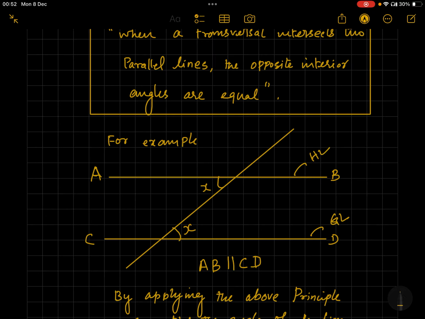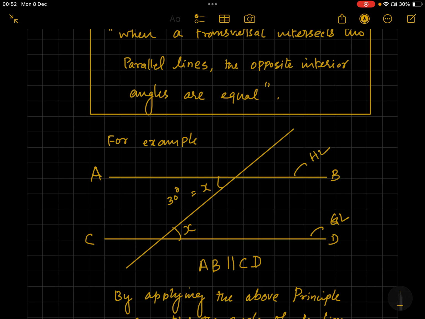We have made the angle of depression 30 degrees, and when the transversal intersects, the alternate interior angles are equal. So this is 30 as well. This means our angle of elevation is also equal to 30 degrees at this point, and by applying this principle, we can plot the angle of elevation as shown below. How simple it is, fantastic.